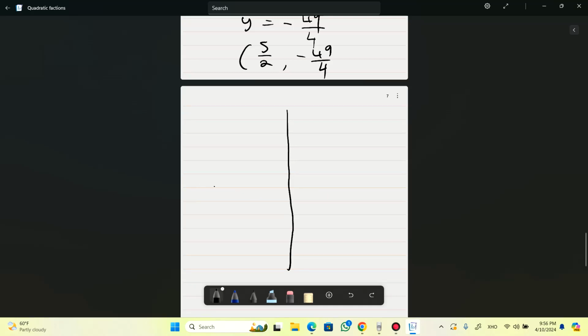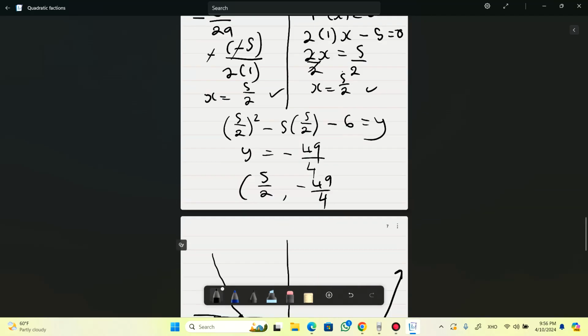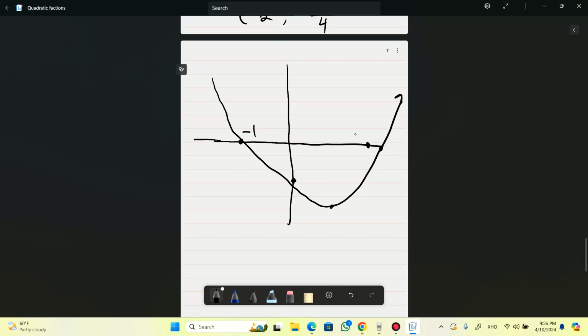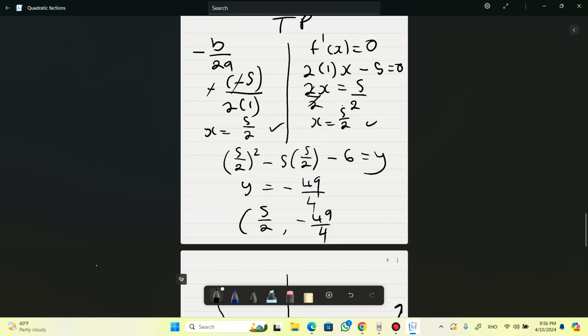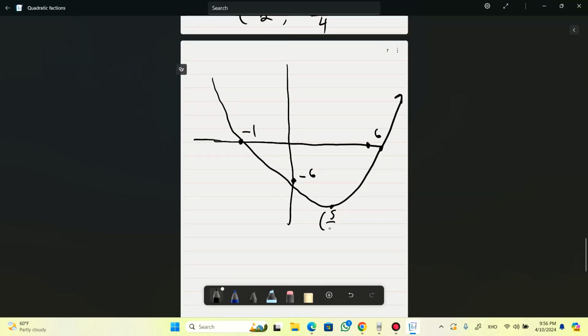Okay, there you go. So I have my 2 x-intercepts, I have my y-intercept and my turning point right there. Therefore my graph looks something like that. Here it's negative 1, here is 6, this is negative 6, and this here is 5 over 2 and negative 12.25, I think.